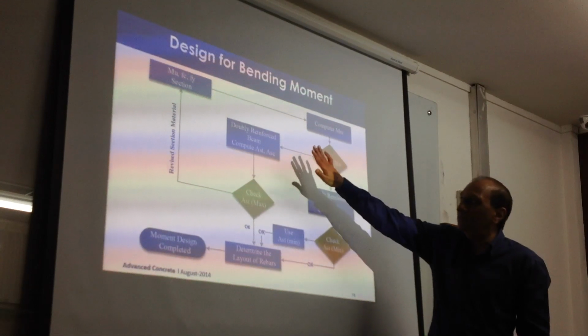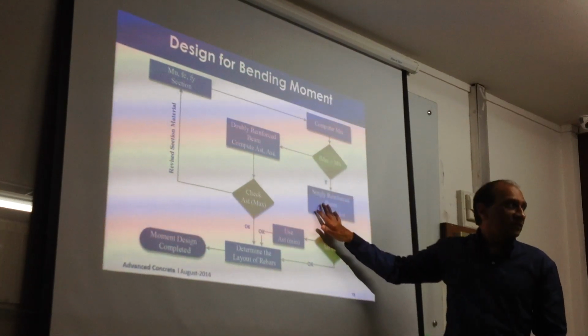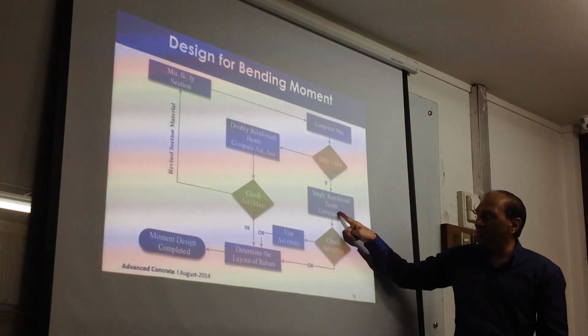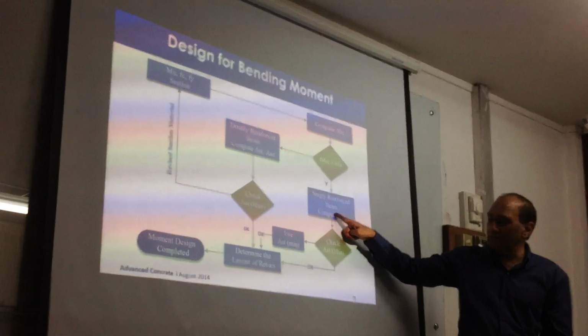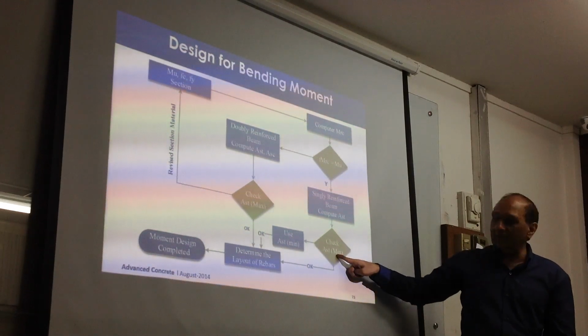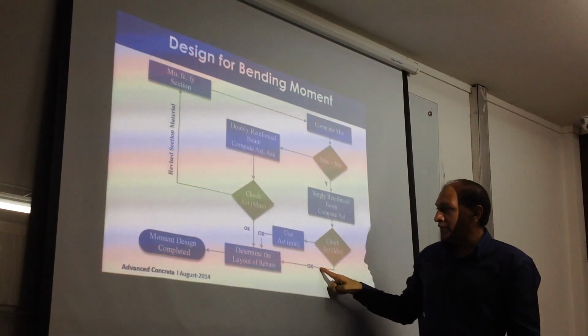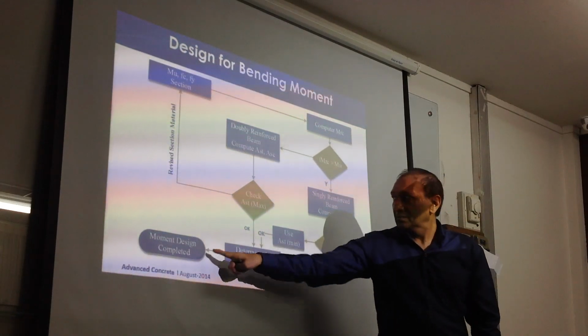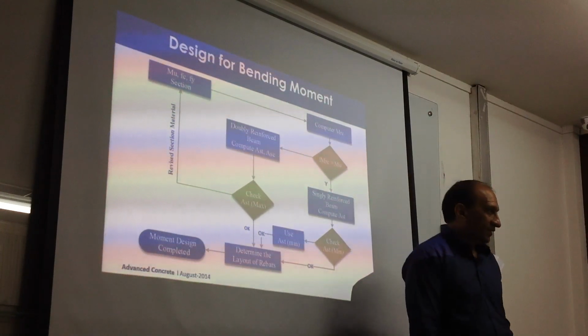You don't need doubling reinforcement. You go to singly reinforced section design. From that, you calculate the area of steel based on the section, single reinforcement section condition. Check the minimum steel, and then it is okay. You determine the layout of the bars, check the crack width, and then you are okay, right?